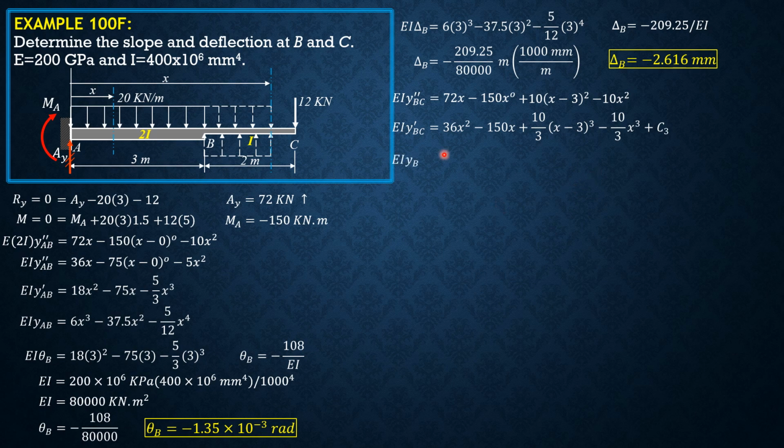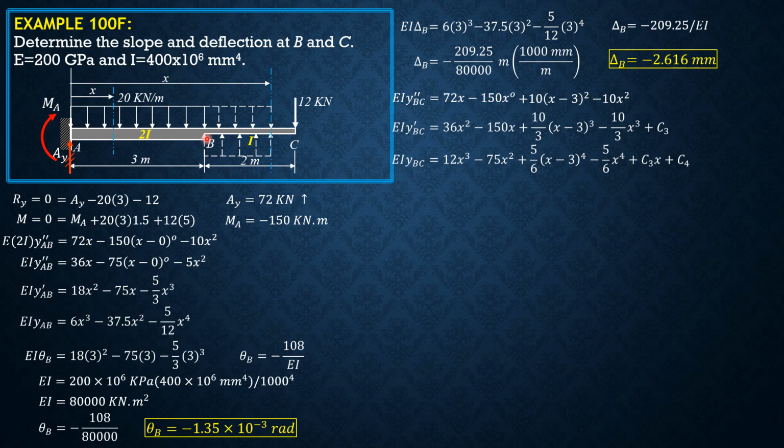Then integrating again, EI y BC equals 12x cubed minus 75x squared plus 10 over 12, 5 over 6 x minus 3 to the fourth minus 5 over 6 x to the fourth plus c sub 3 x plus c sub 4. Now we can evaluate c sub 3 because B is common to AB and BC.